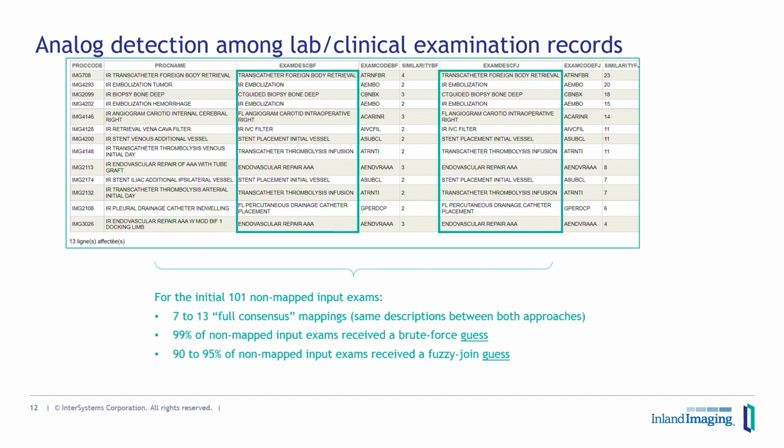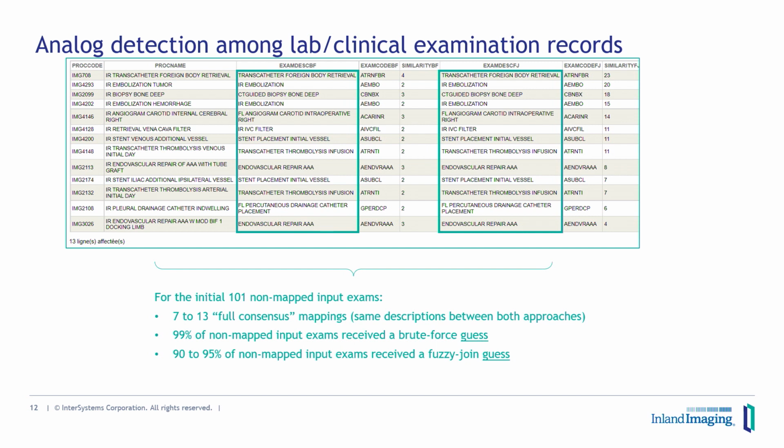A couple of words about the actual results. What we see here, in those green frames, are the results produced by the brute force method and by the fuzzy join method. Just to give you some numbers, from the initial 101 non-mapped input exams, so we applied it first to the portion that was not mapped anywhere by the humans, we had, for example, 7 to 13 full consensus mappings.